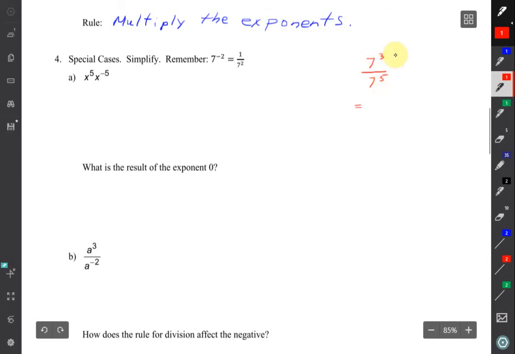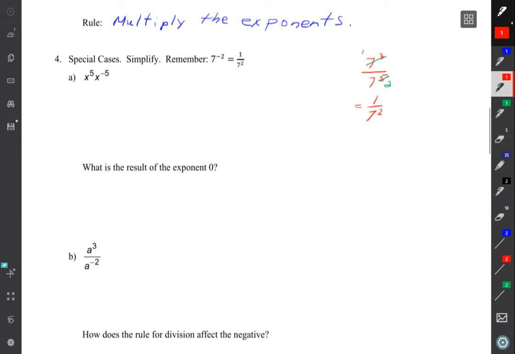So what we end up with is that cancels to be just 1, and then this cancels to leave 2 here. So what we have is 1 over 7 squared.